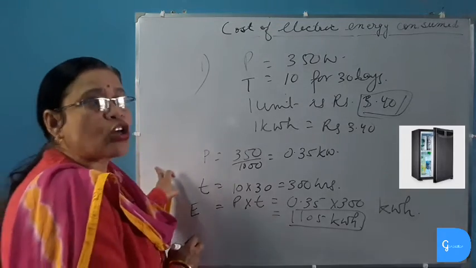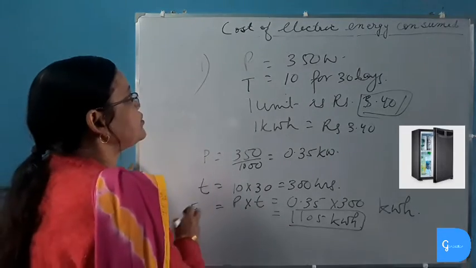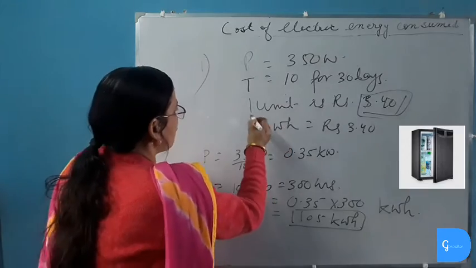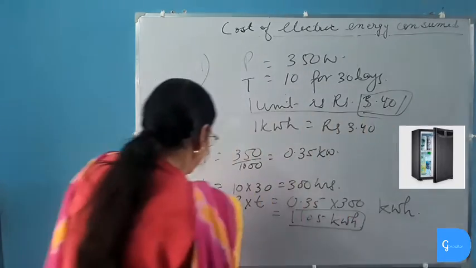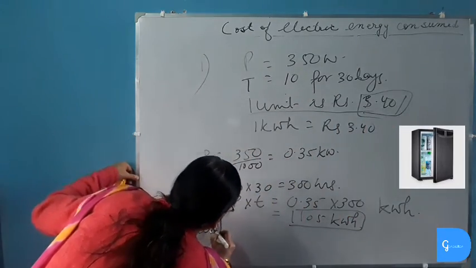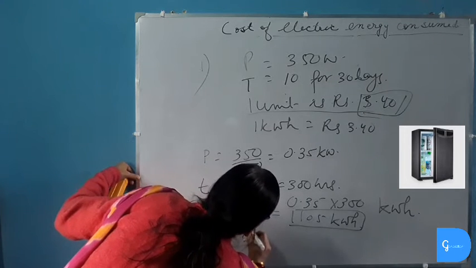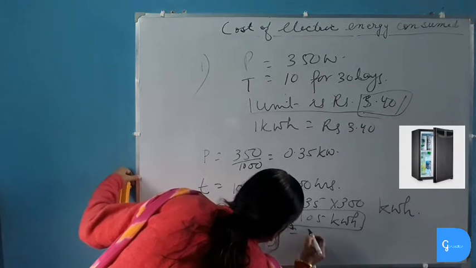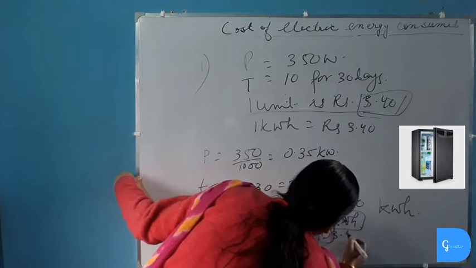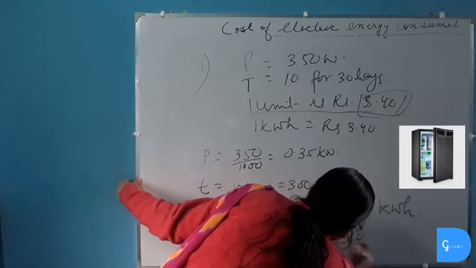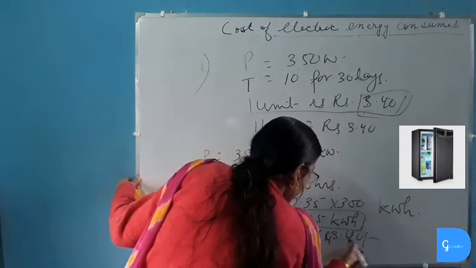Now we will find the cost of using this refrigerator if the cost of 1 unit is rupees 3.40. So 1 unit or 1 kilowatt hour costs rupees 3 and 40 paisa.